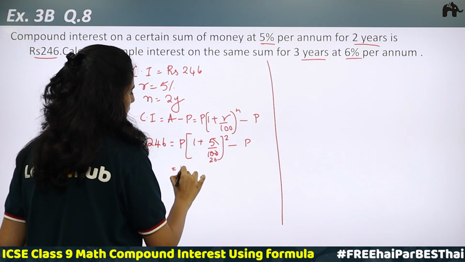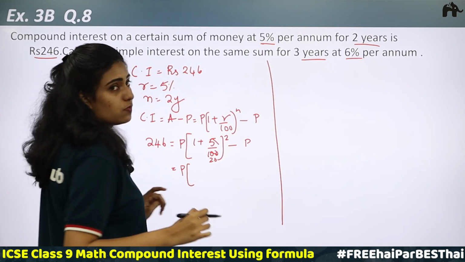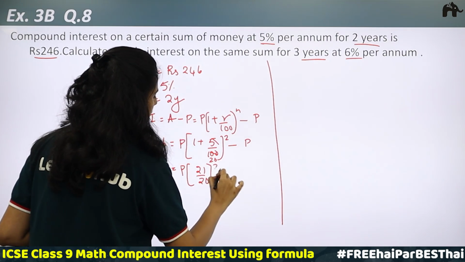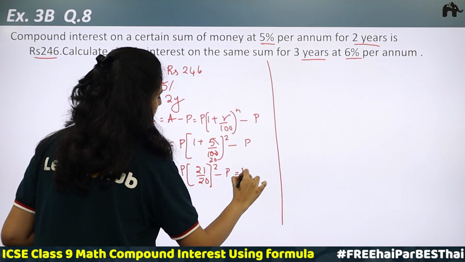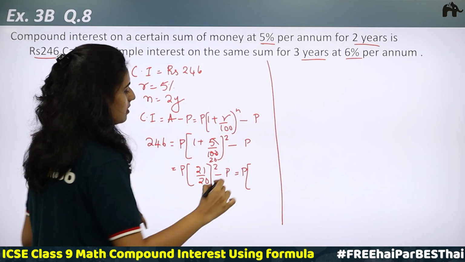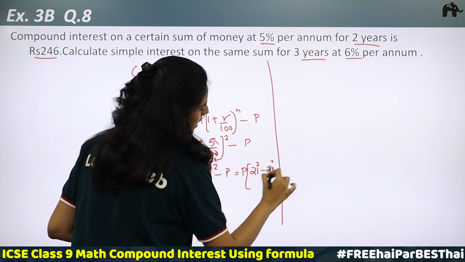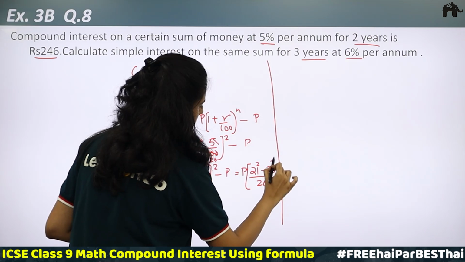Okay. So P into 20 plus 1, 21 divided by 20 whole square minus P, taking P common, 21 square minus 20 square divided by 20 square.